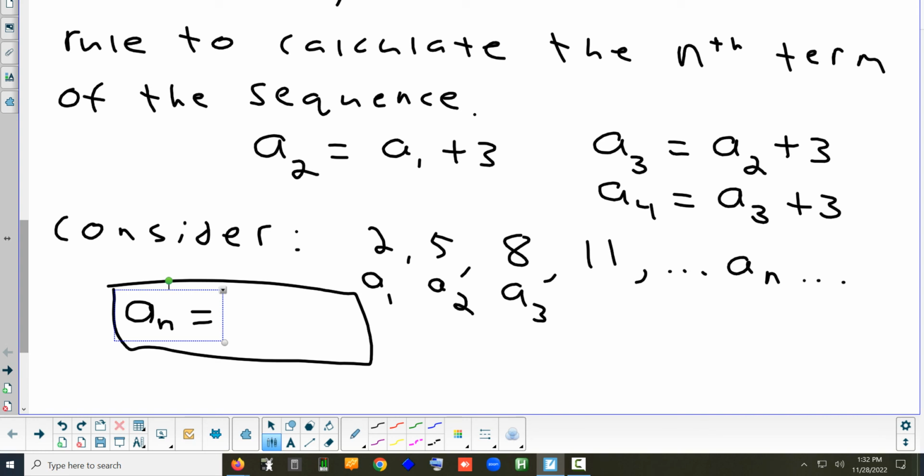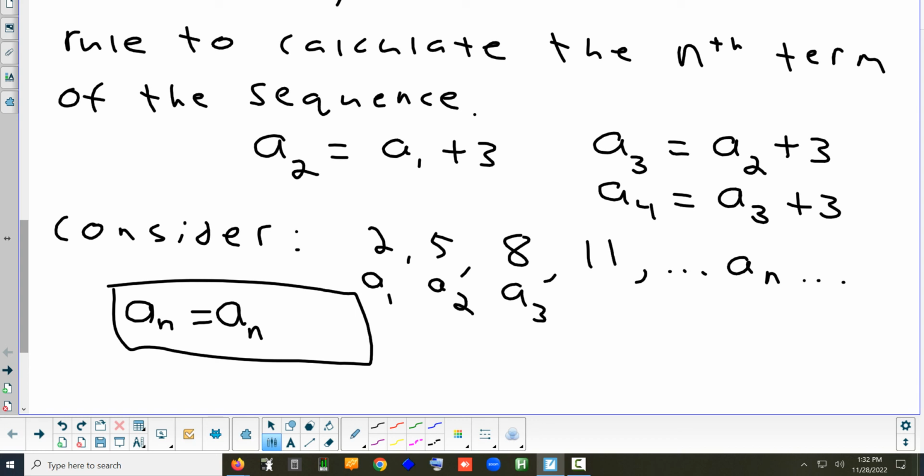Well, this is a more general one, so we don't know exactly what position a sub n is. It would be a sub n something, but we need something else down here. What would come before, like if you wanted to know before something, what would you do?